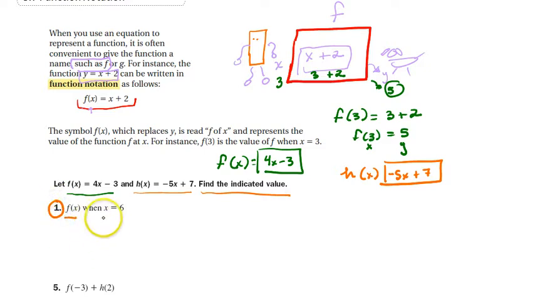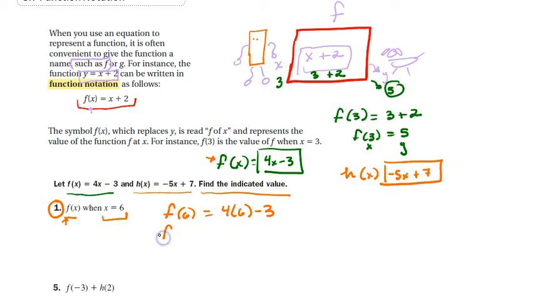Find f of x when x equals 6. That means I'm going to use this machine because it's the f function, or it's been labeled that. So now they're saying that the function of 6, which is representing x, equals 4 times 6 minus 3. You'll notice I've substituted 6 in place of the x's.